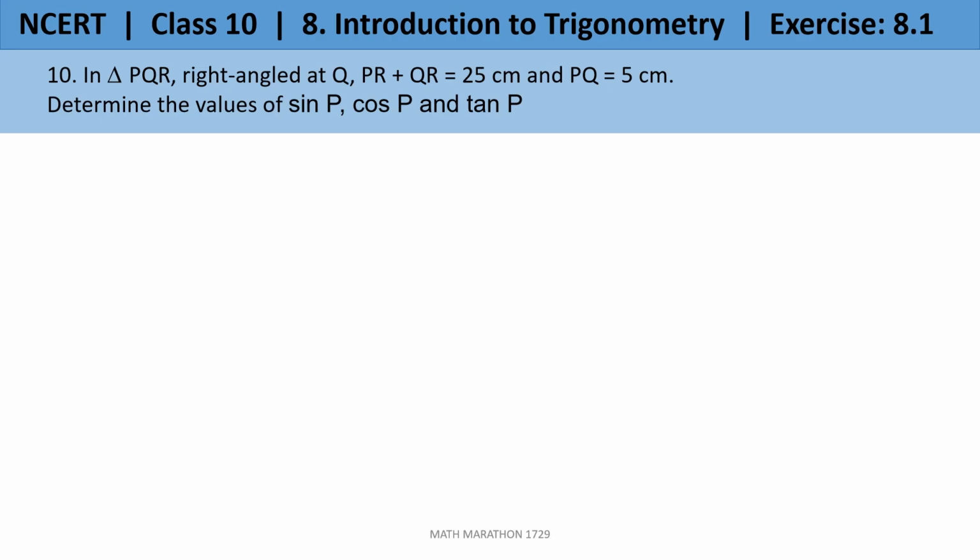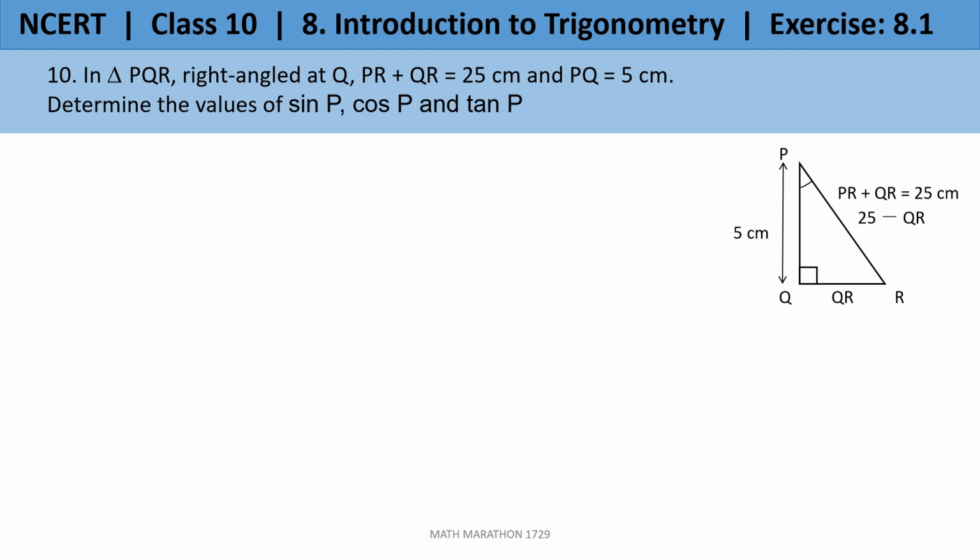In triangle PQR, right angled at Q, PR plus QR is equal to 25 cm and PQ is equal to 5 cm. Determine the values of sin P, cos P and tan P. First, let us draw a diagram. I have drawn a right-angled triangle PQR. PQ is equal to 5 cm.